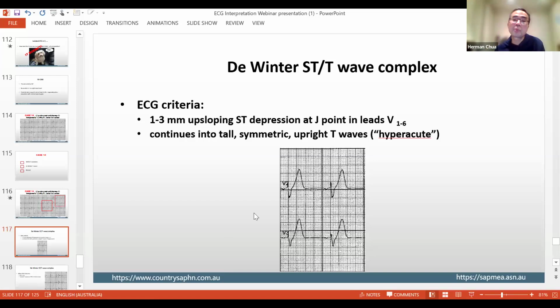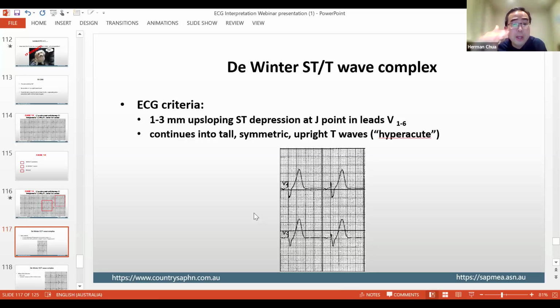Okay, and this is special because when De Winter first described this, this pattern is static, meaning that there is no ST elevation and it does not evolve to become ST elevation. Despite that, there is acute coronary occlusion because these patients get taken to the lab and there's proven to be LAD occlusion, and they never manifested any ST elevation.